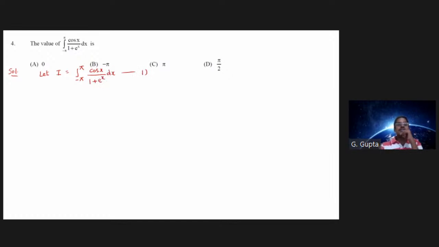Let us say this is 1, implies I is equal to, so your integrand here is f of x.